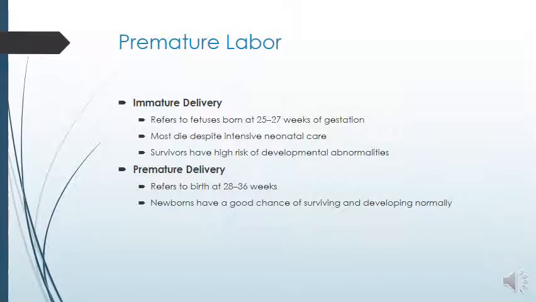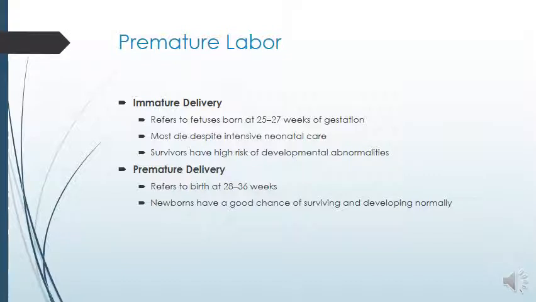This is primarily because their respiratory, cardiovascular, and urinary systems are unable to support life without the aid of maternal systems. As a result, the dividing line between spontaneous abortion and immature delivery is usually set at 500 grams or 17.6 ounces, the normal weight near the end of the second trimester.